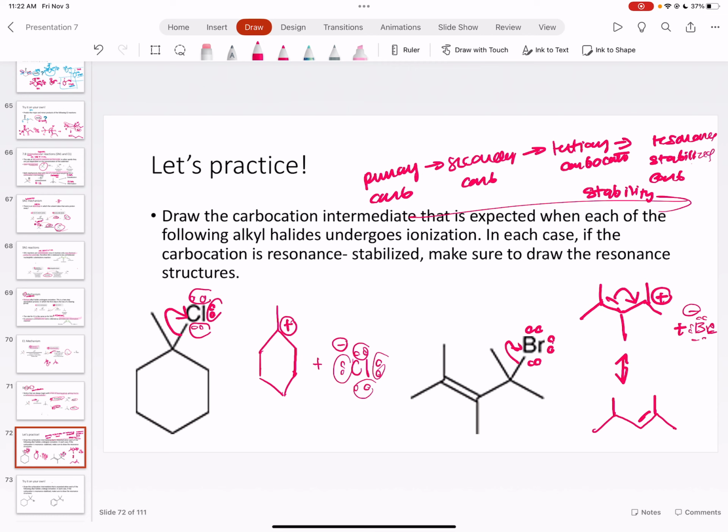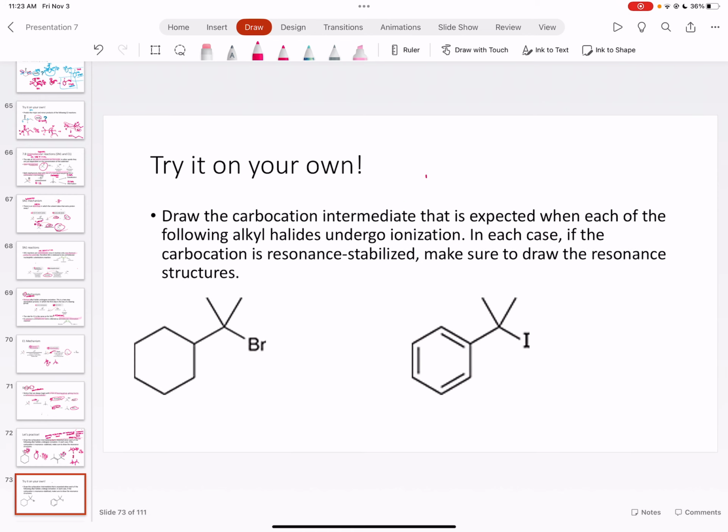So then my positive charge goes where my double bond used to be. That will be my resonance structure. I'm showing resonance because we said that resonance is more stable than a tertiary. Okay, so now you can try it on your own.